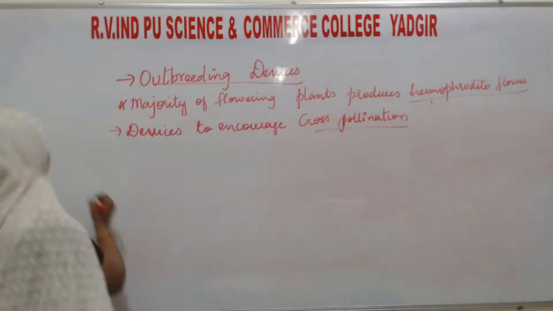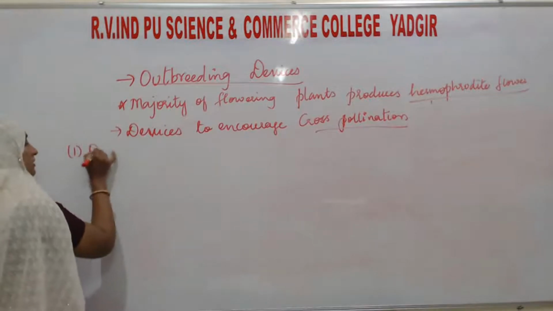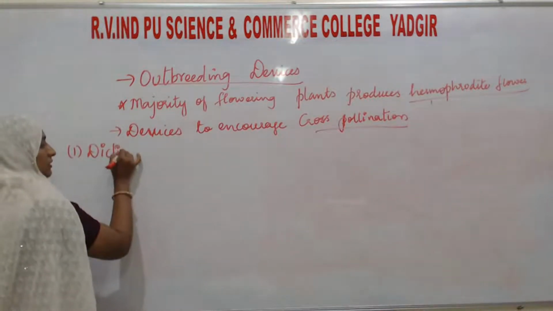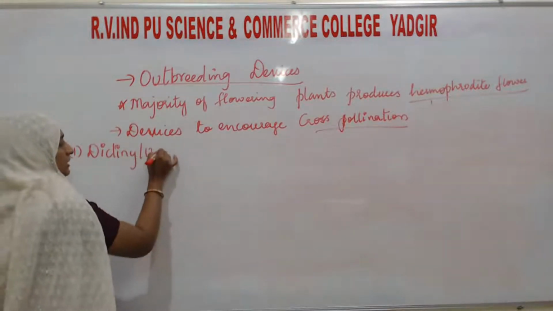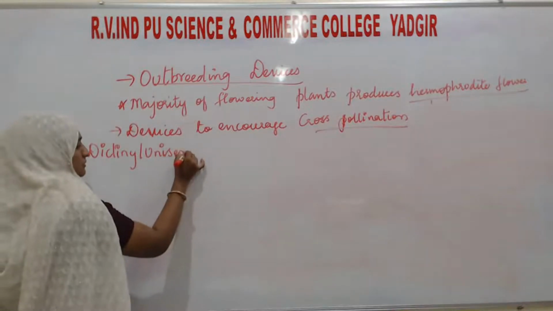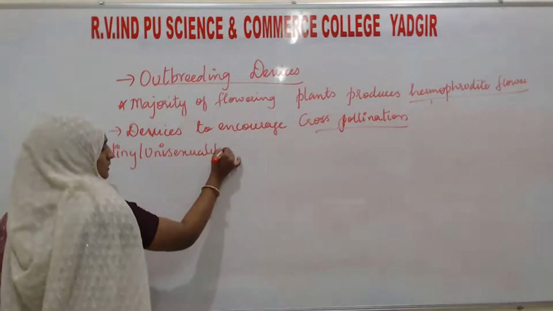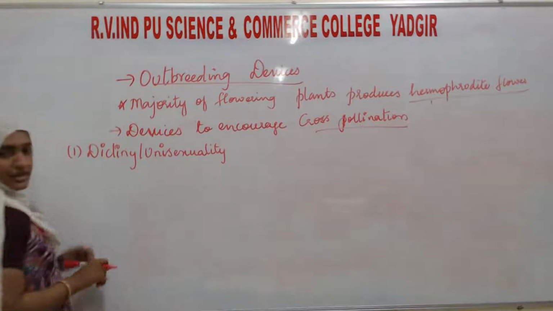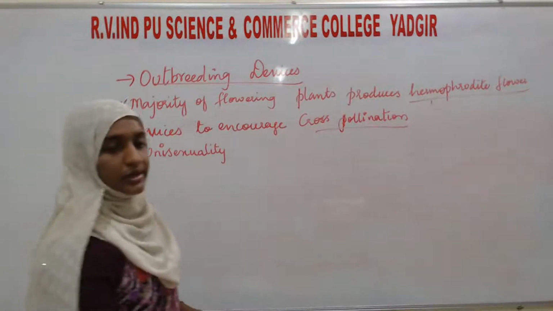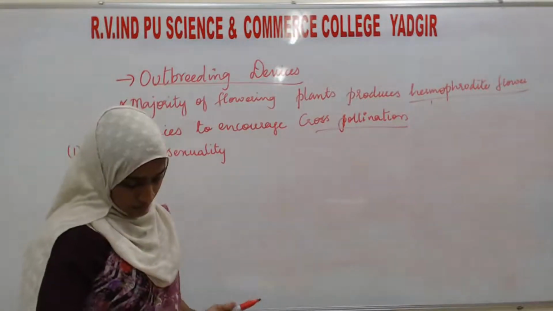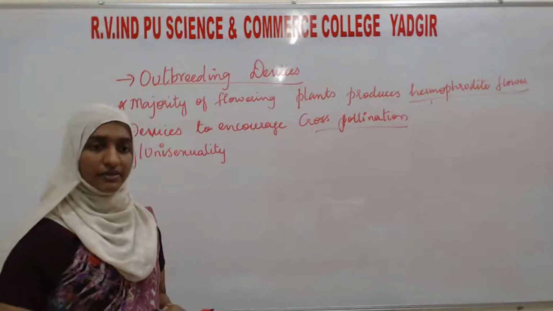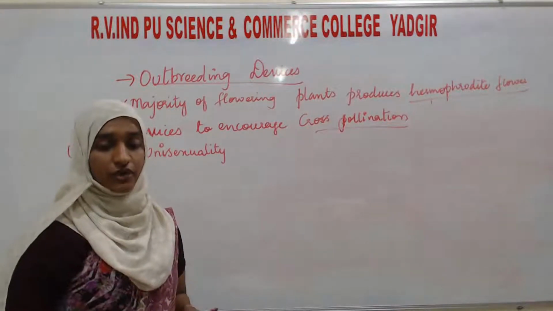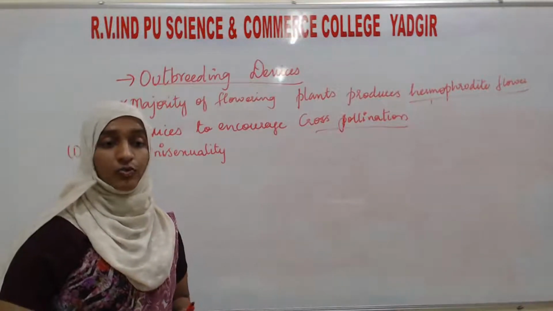First one is the declining or unisexuality. See here, in questions what they will ask: what are the adaptations to encourage the cross pollination?